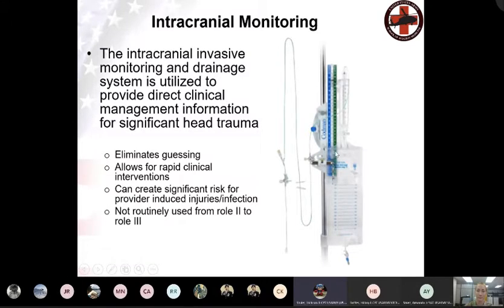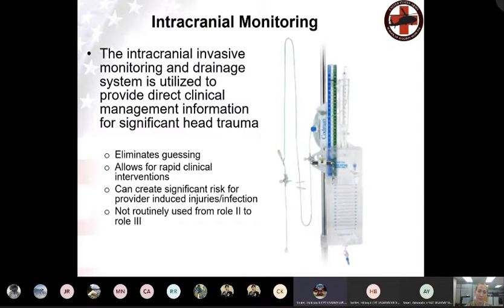I believe at BAMC it's water, not mercury, so you have to double check on that. But every hour they'll put an order, saying, hey, we need to drain no more than 10 mLs an hour. So you actually have to monitor it. Once you hit the 10 mLs, you have to turn the valve off so that the patient's not draining any more fluid out.